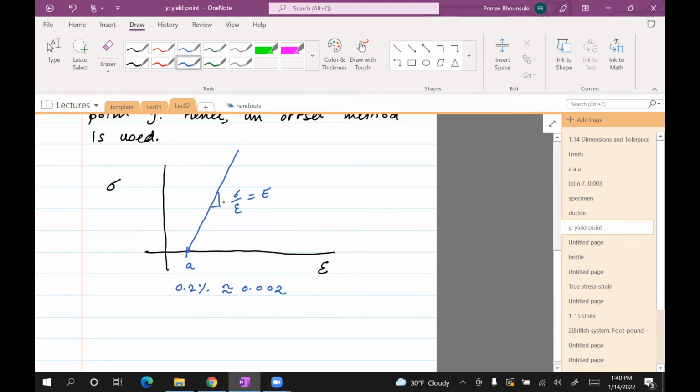Okay, and then assuming that you've done this experiment and you get some experimental curve like this, right?